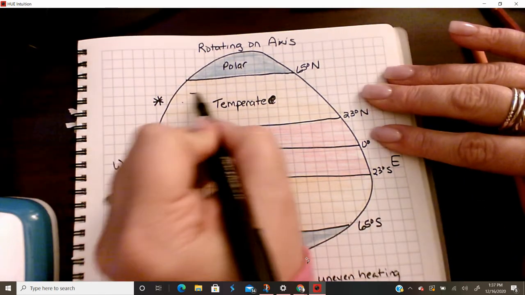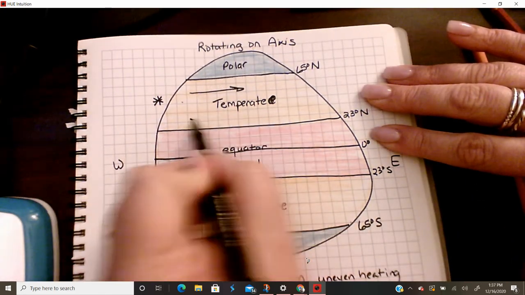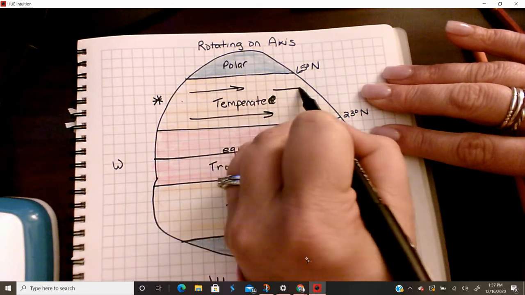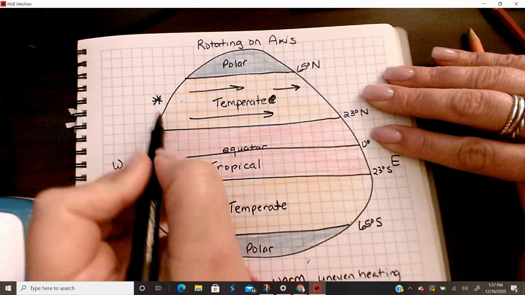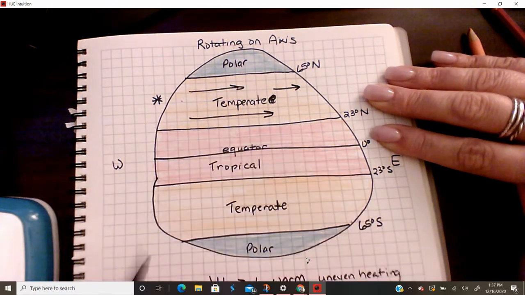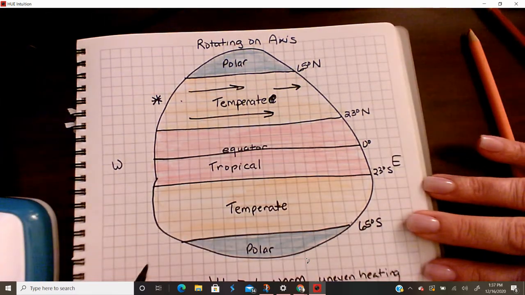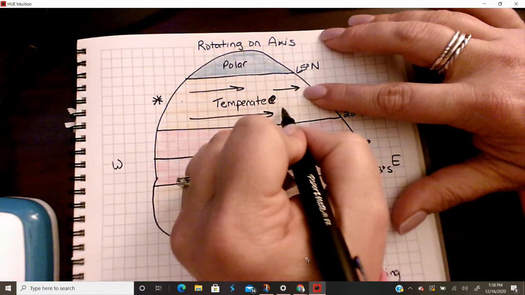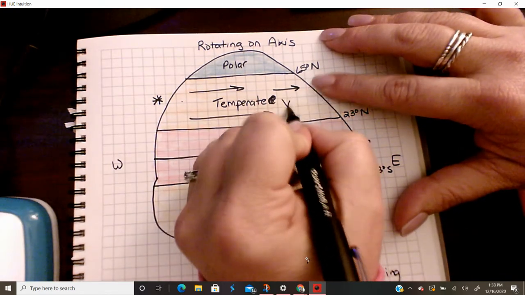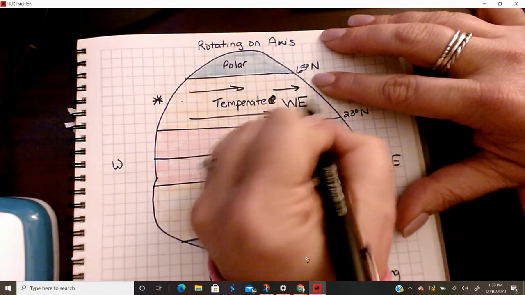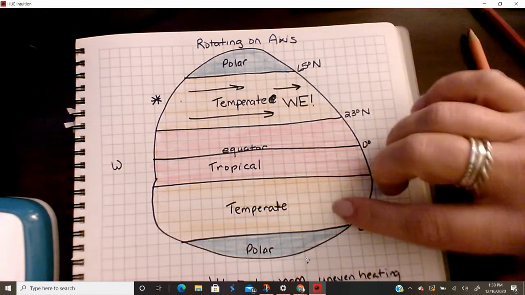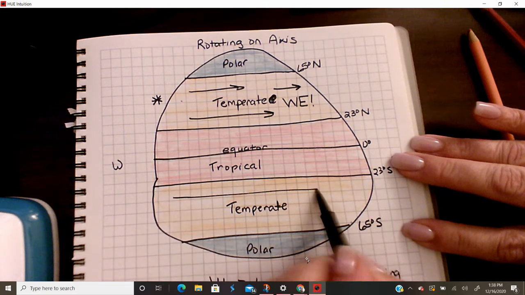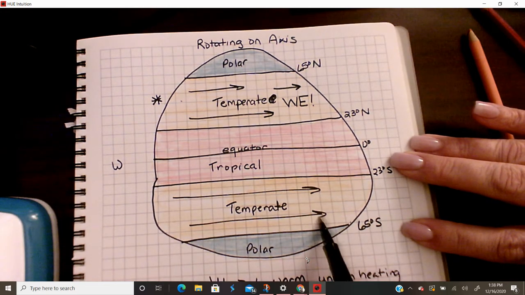The winds at this latitude blow west to east. Now, they're also curved a little like this, right? So if you want to make them curved, you could. But the main thing I want to show you is that these winds are west to east. Wee! I call them wee, west to east. And then the same pattern is repeated in the southern hemisphere, that the winds are blowing west to east.